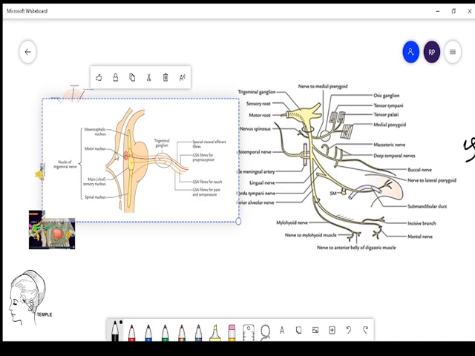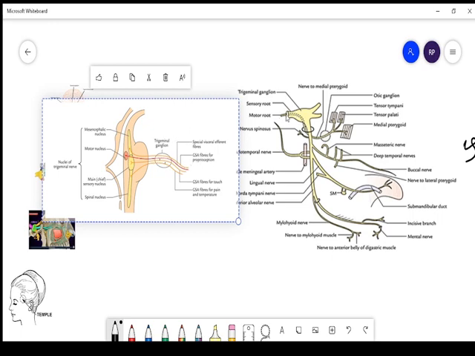From this central nervous system, that is brain stem, both sensory and motor roots arise, and this is the trigeminal ganglion. The sensory roots are connected to the trigeminal ganglion. The motor root passes below the trigeminal ganglion and the sensory root.